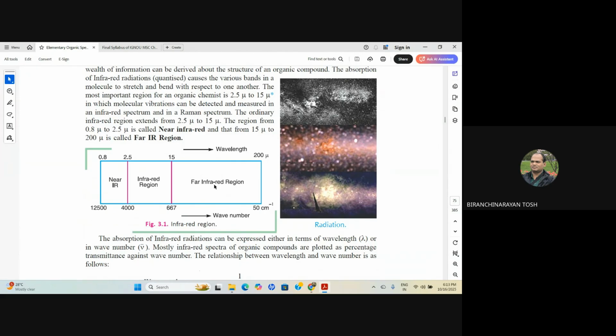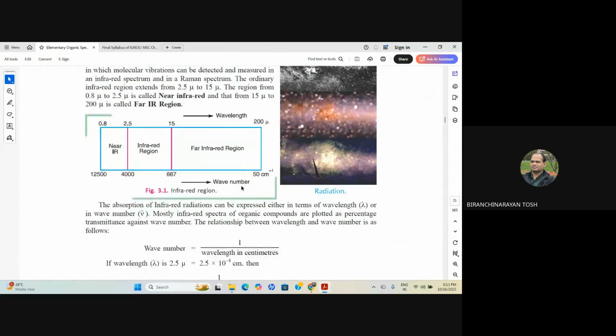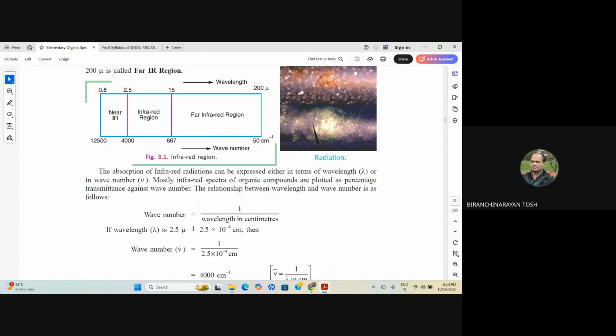So in infrared, when we take the spectrograph, we represent absorbance on the y-axis, but on the x-axis we have to take the wave number, not the wavelength. Wave number, as you know, is the reciprocal of wavelength. The wavelength you have to measure in centimeter, so wave number will be expressed in centimeter inverse. You can see here, if the wavelength is 2.5 micron, as in the infrared region, the corresponding wave number is 4000 centimeter inverse.